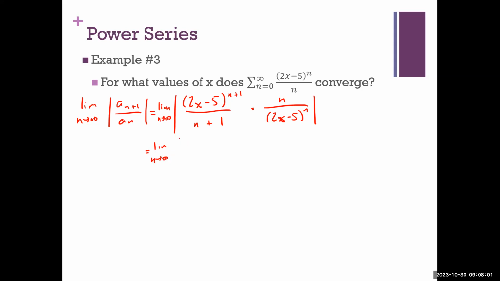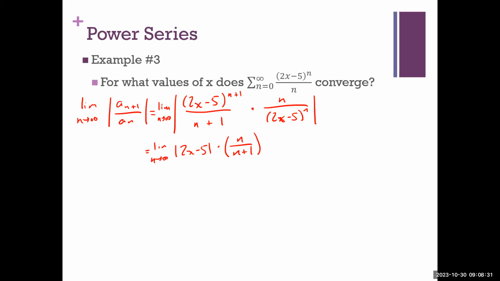So the absolute value, let's try to separate this a little bit: the absolute value of 2x minus 5 times n over n plus 1. Okay, so that was a big positive step.